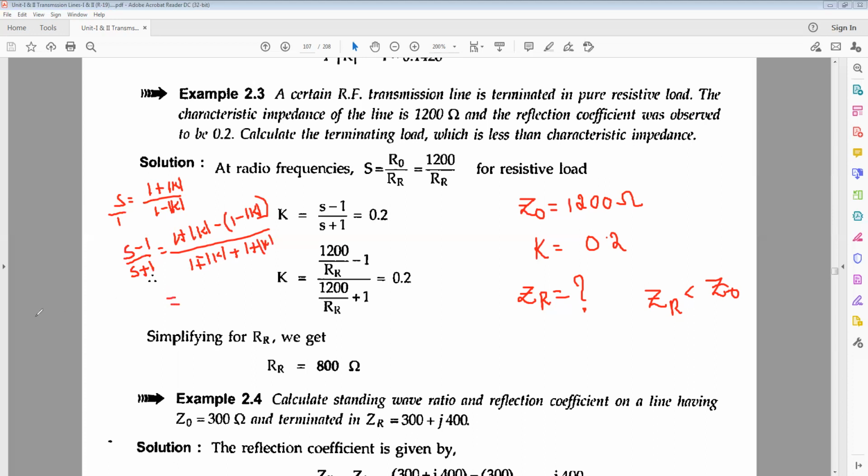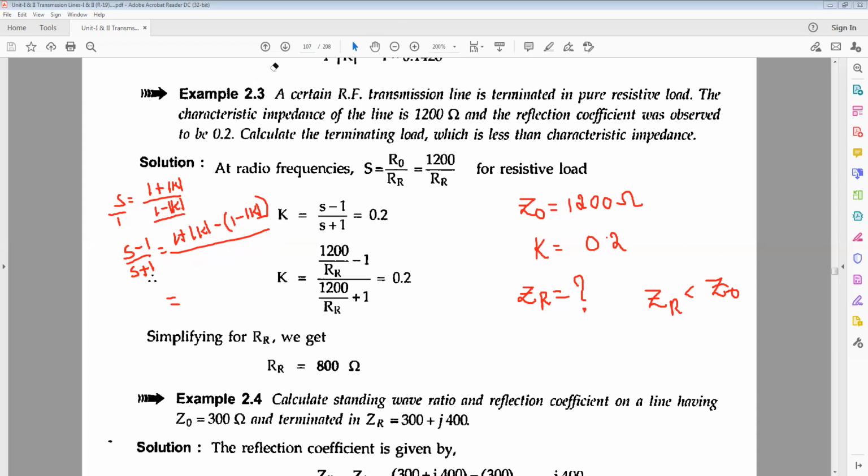So this is componendo and dividendo we can apply here. Whatever the denominator is, subtract it from the numerator and add it to the numerator. S minus 1, the same thing as S plus 1. Here also the denominator is 1 minus the magnitude of K. So with this the value is 1 plus K minus 1 minus K, and the same thing, 1 plus K plus 1 minus K. Okay.